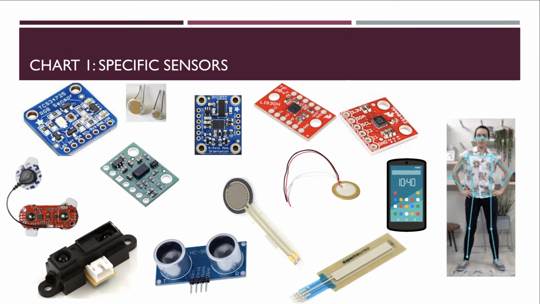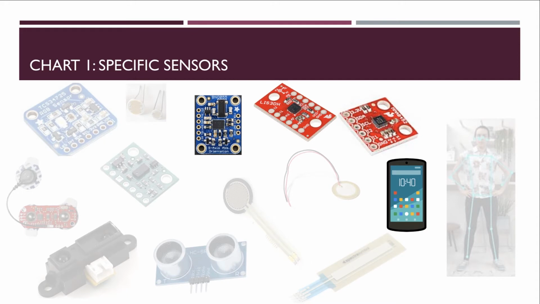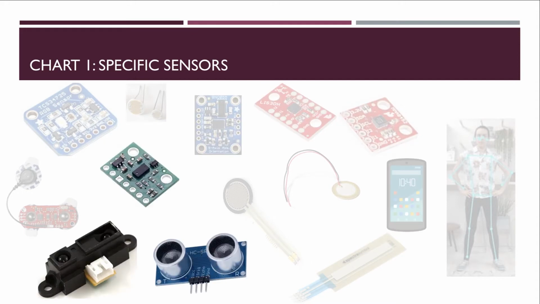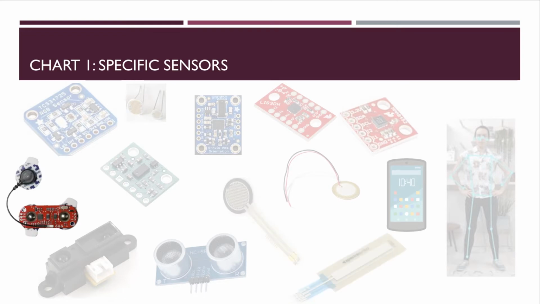So for my evaluation of sensors, I first needed an understanding of all the different ways of tracking that are available to me. As I went through all these various sensors, I organized them by the type of stimuli they sense. There are color and light sensors, IMUs, proximity sensors, touch and pressure sensors, biosensors, and sound-based sensors.